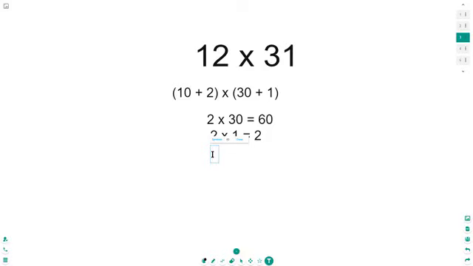We're going to do 10 times the 30, and that is 300. And then we have the 10 times the 1. And we have distributed everything out. Okay? Now the student just needs to add those together. So we have 300, the 60 and the 10, that makes 370, and the answer is 372.